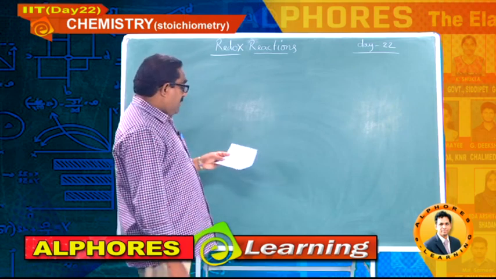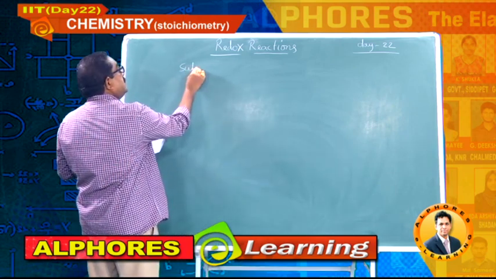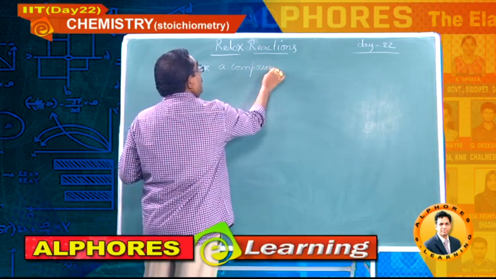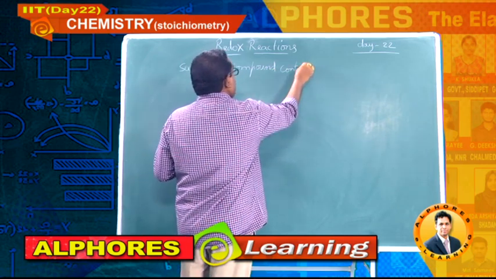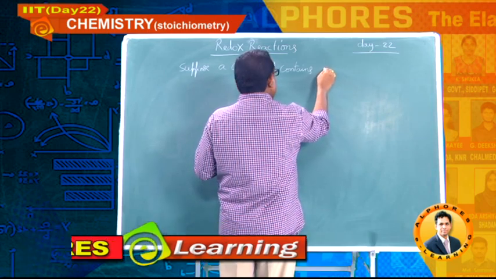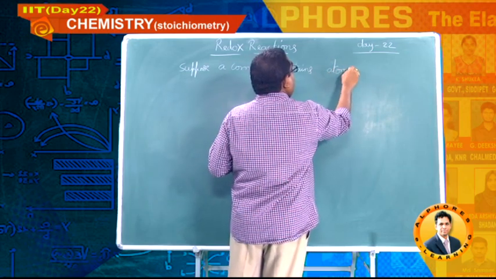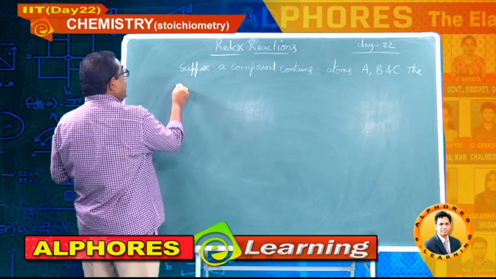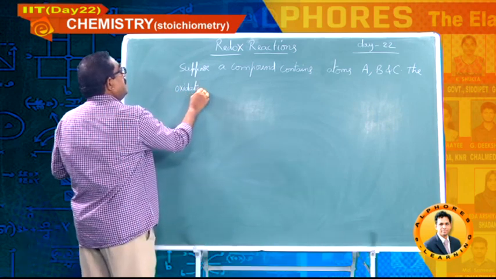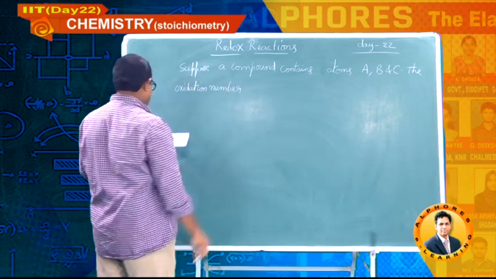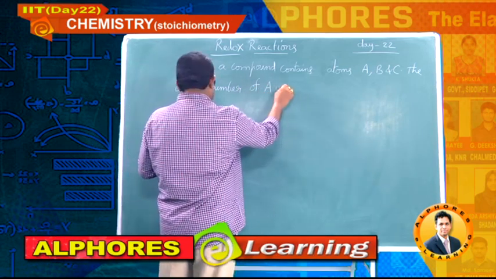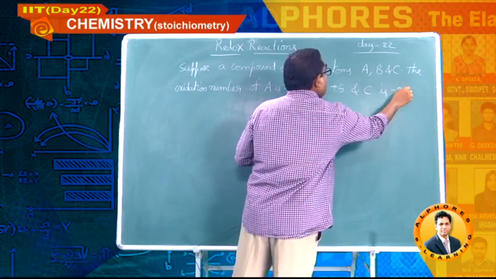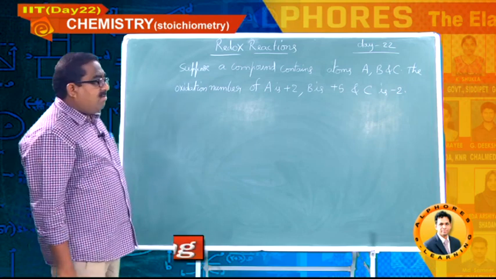Okay students, please write down this numerical along with me. Suppose a compound contains atoms A, B and C. The oxidation number of A is +2, B is +5 and C is -2.